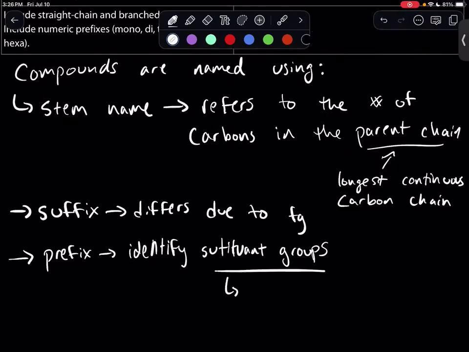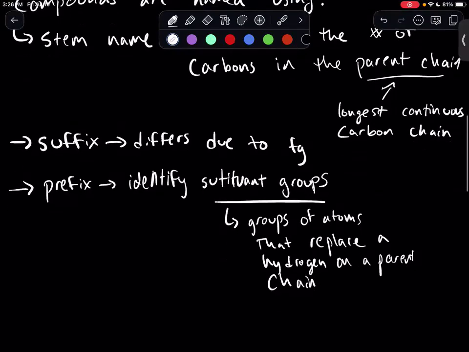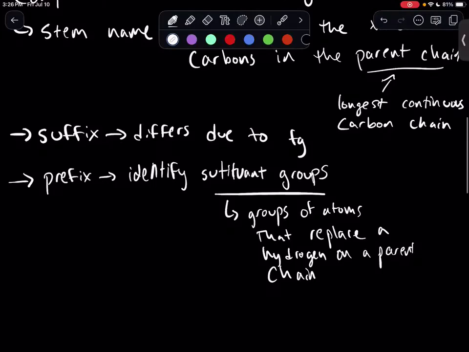Now, those are just an atom or groups of atoms that replace a hydrogen on a parent chain. We're only going to be talking about those in reference to the halogenoalkanes in this section, but as we get to branch chains, we'll talk about prefixes a little bit more.